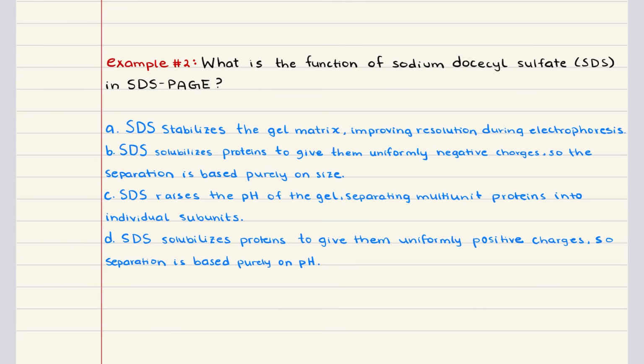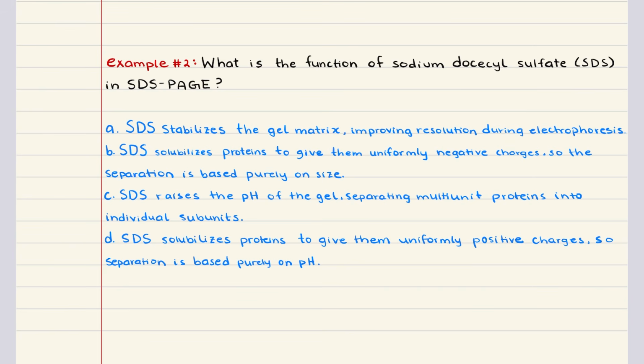B says that SDS solubilizes the proteins to give them uniformly negative charges so that the separation is based purely on size. C says SDS raises the pH of the gel, separating multi-unit proteins into individual subunits. And D says SDS solubilizes proteins to give them uniformly positive charges, so separation is based purely on pH.